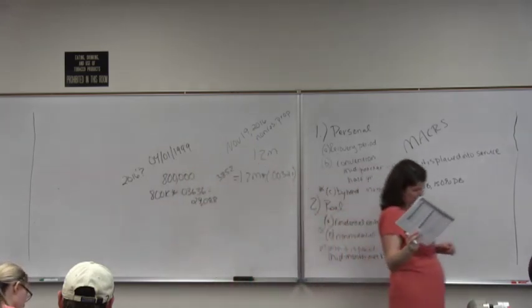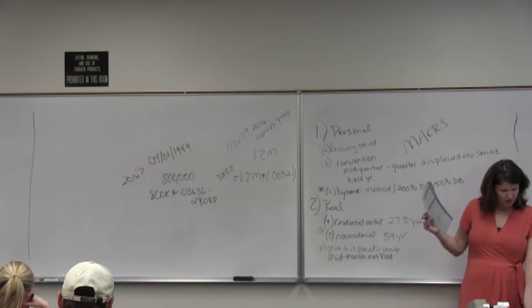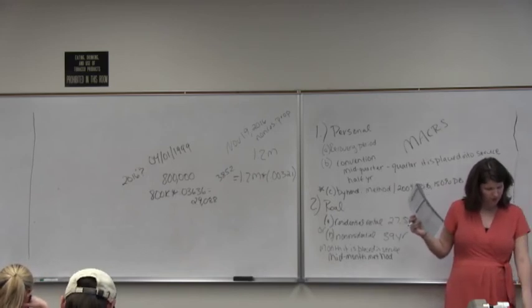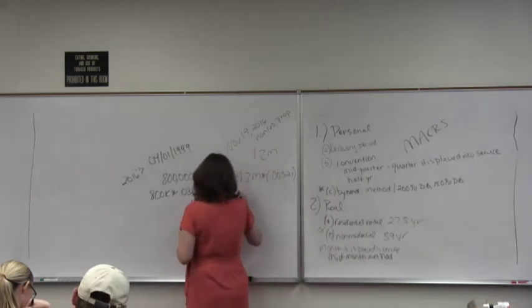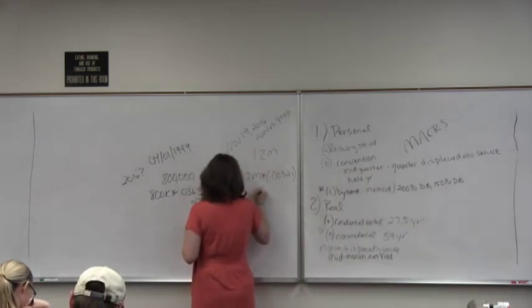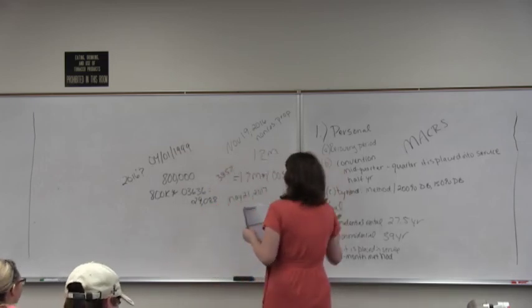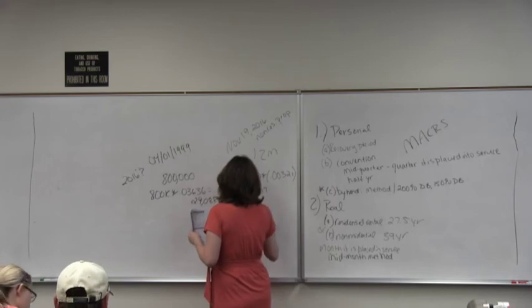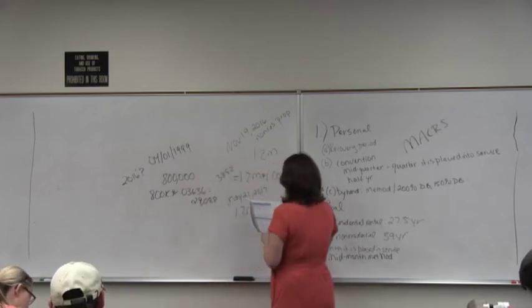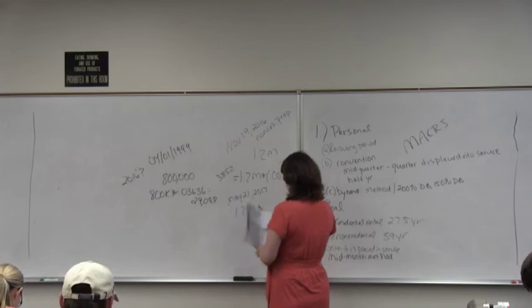Now the next part of the problem says if the building is sold on May 21st, 2017, what is the cost recovery deduction? So it's sold on May 21st, 2017. What's going to be our depreciation deduction? 1.2 million times what percentage are we going to use? We look at this chart.